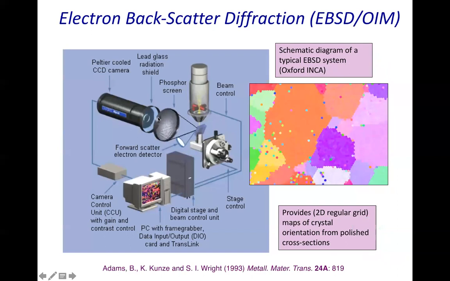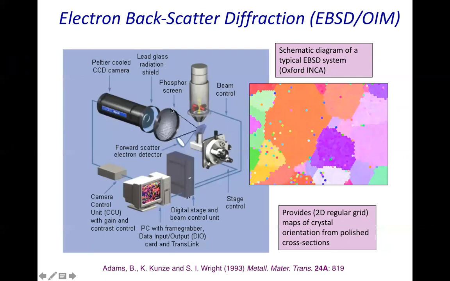This is then projected on a phosphor screen. A CCD camera is behind that, and then it goes to a computer. A lot of them still have CRT displays, because once a microscope's in place, it doesn't get replaced all that often. But it's hooked up to a camera and a computer that can automatically index this.